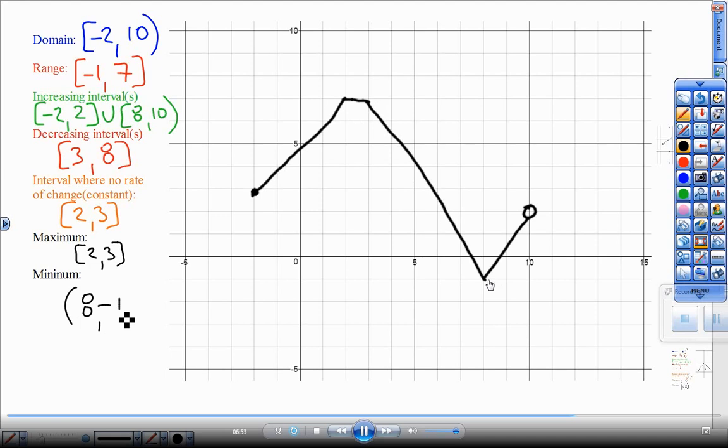My minimum, my lowest point, is an actual coordinate, a point. So I use rounded brackets and I describe that as a coordinate. I know that's confusing. When it's a maximum or minimum and it's a plateau, use interval notation left to right, square bracket or rounded depending on what you're looking at. If it's a maximum or minimum high point, low point, and it's an actual tip, you need to write that as a coordinate.